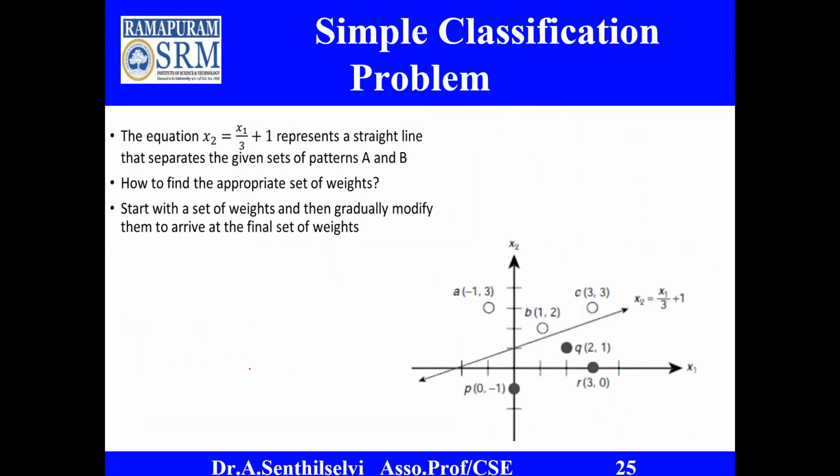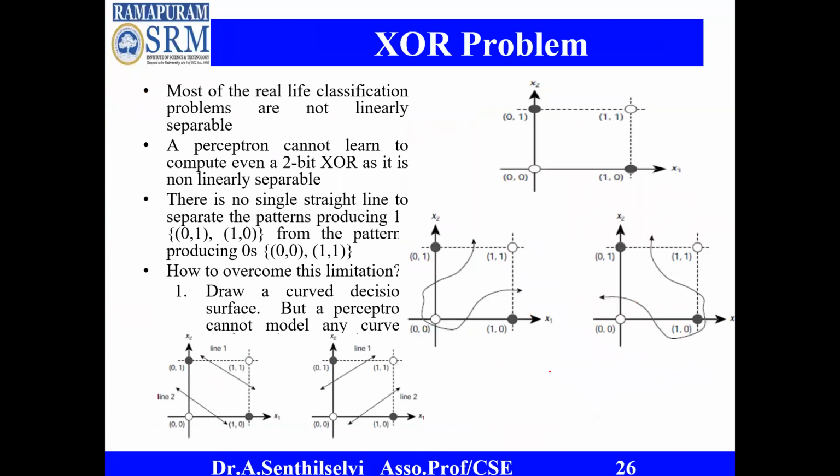We understood that this equation represents a straight line that will divide the data set into two parts, class A and class B, that is class 0 and class 1. Next, consider an XOR truth table. If you plot the XOR truth table, we can't divide it into two classes using a single line.